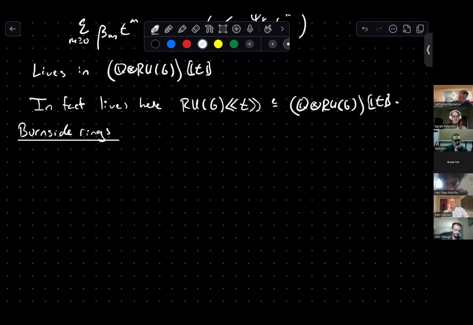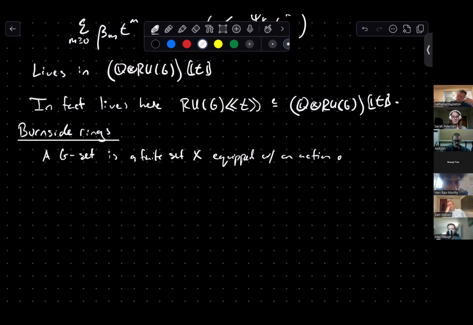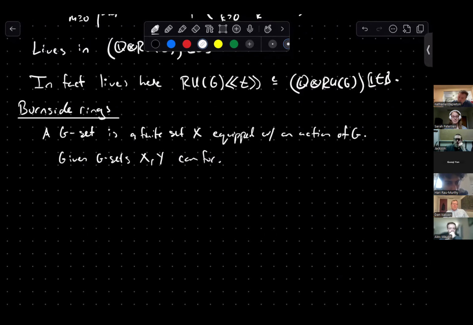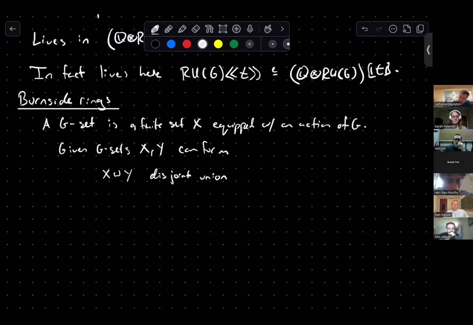And for our purposes today, a G-set is a finite set X equipped with an action of G. And if I have two G-sets, X and Y, we can form the disjoint union, in which G acts the way that you expect, and the product, in which G acts diagonally.